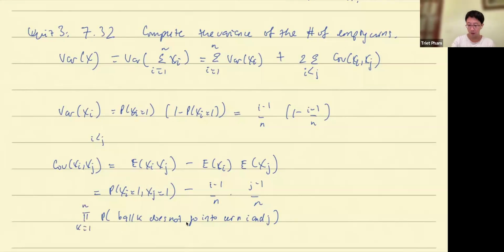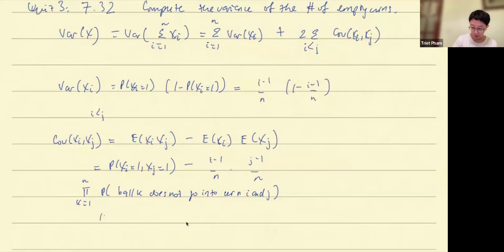All right? I'm just looking at this. This is the same, which is a product, right? So first of all, it only counts up from i because below i, ball k is guaranteed not to go to either i or j, right? i less than j.